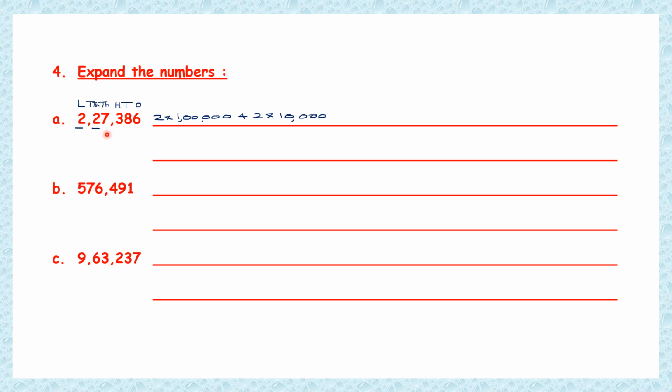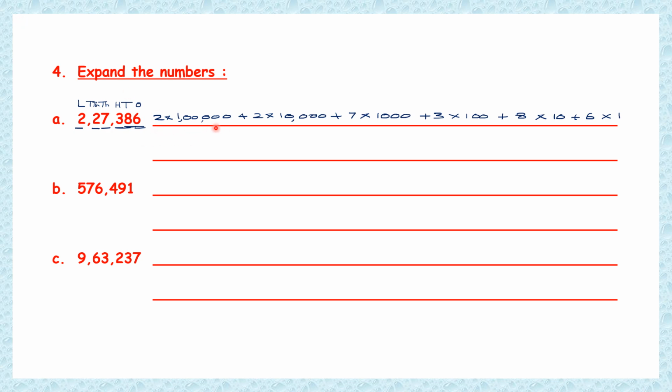Then we go to the next digit. 7 is in the thousands place. So we say 7 into 1000. Plus we go to the next one, which is 3. 3 into 100. Plus the next one is 8. 8 into 10. 8 is in the tens place. Plus 6, which is in the ones place. Plus 6 into 1.